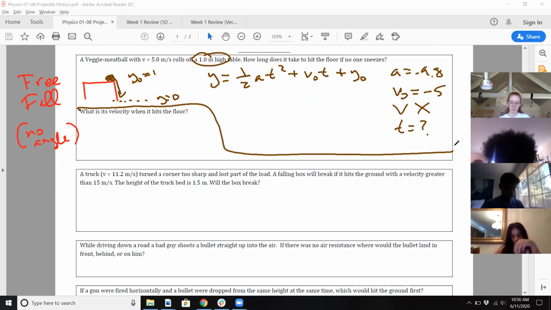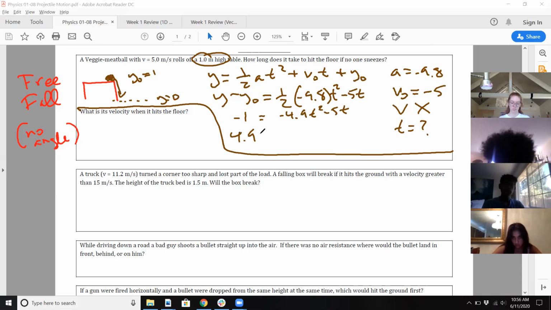Yes, now y minus y0 equals 1/2 negative 9.8 t squared, connected to it minus 5t, and of course y minus y0 is -1. That's negative 4.9. Moving over to one side and just quad form it.